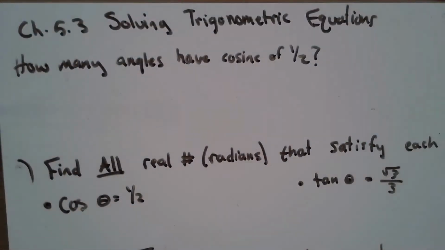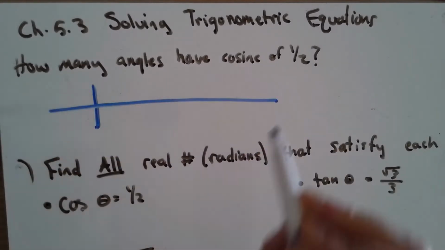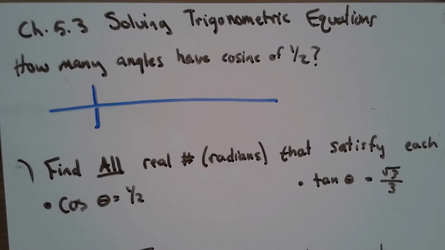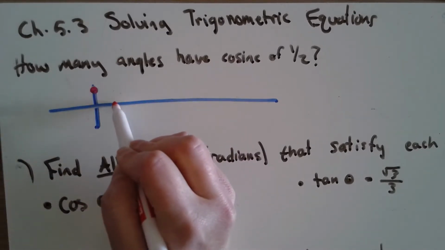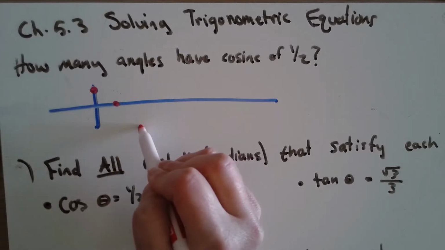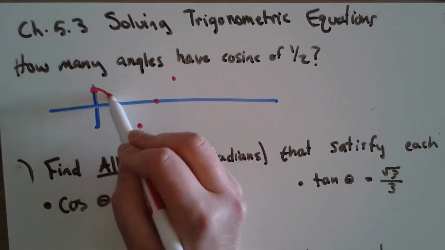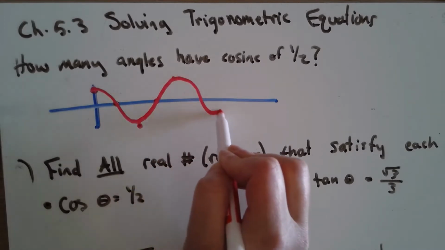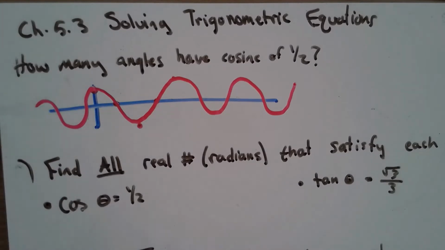Or, if you think about it, if we had a graph of cosine, cosine starts high at 1, and then pi halves, pi, 3 pi halves, 2 pi, and it just repeats this pattern over and over again.